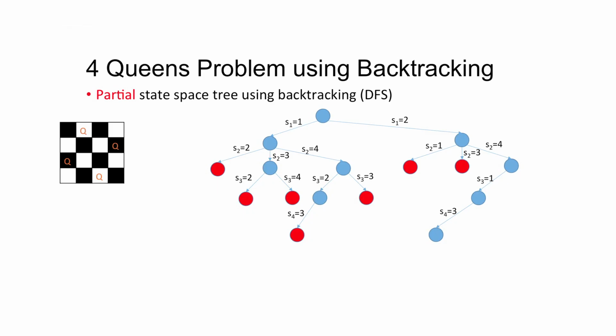As I said, we are following a depth first search algorithm here. So for the fourth queen, the only free column available is column number 3, and we place our queen there. By the end of this node we find that all our queens have been placed and none of them is attacking.